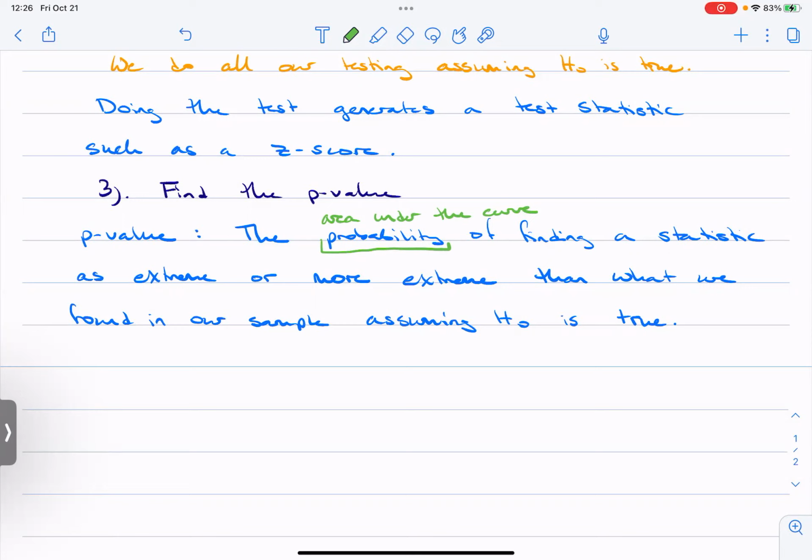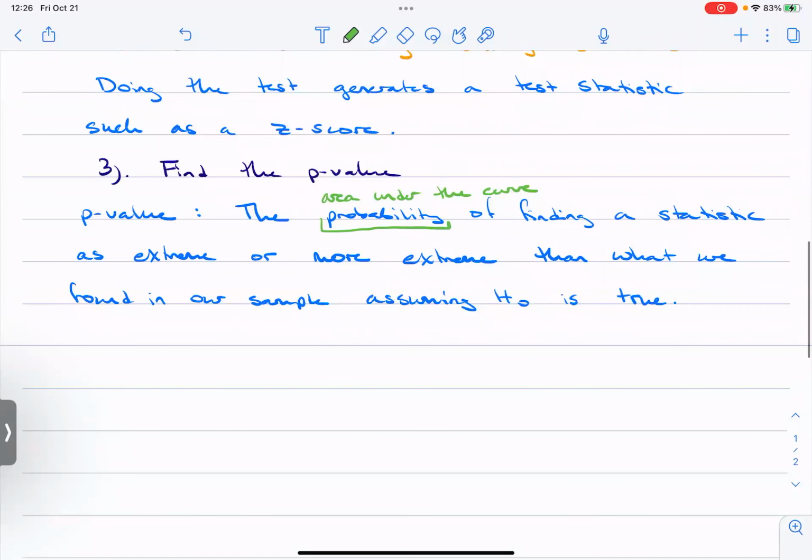That's going to be moving into the tails, right? So from your statistic, that's where you're going to draw the line on your curve. And then it's the area in the tails. That's going to be the area that you're looking for. So as extreme or more extreme means that it's going to be the tail areas. And I'm going to put the S in brackets because sometimes it's only one tail, or it might be both tails most commonly.